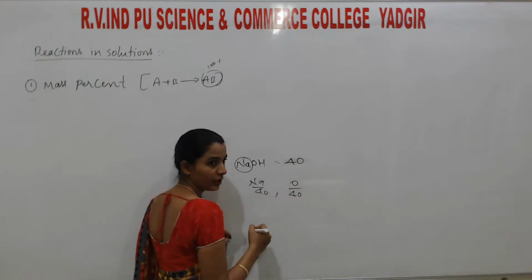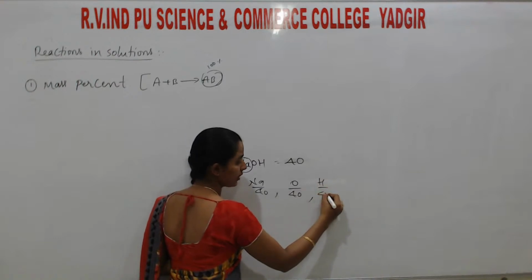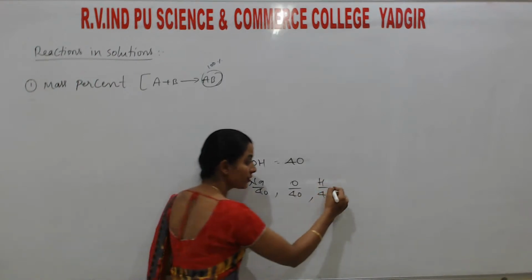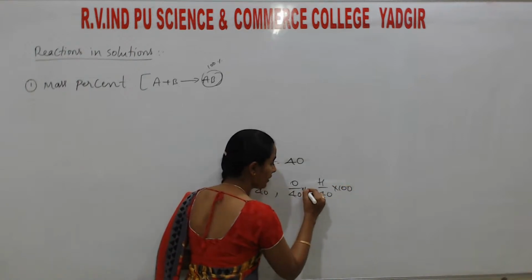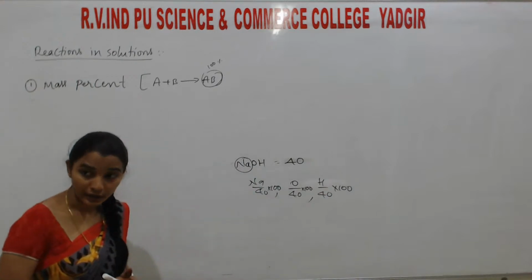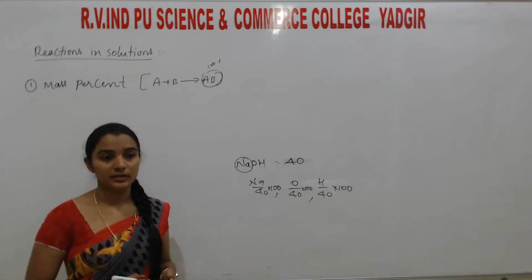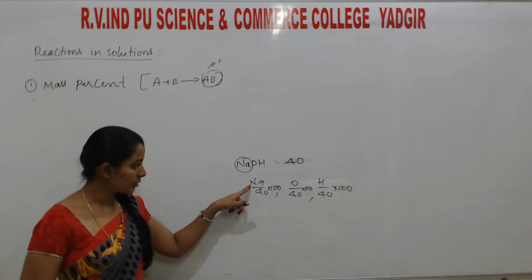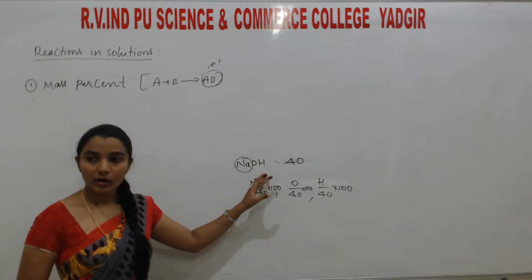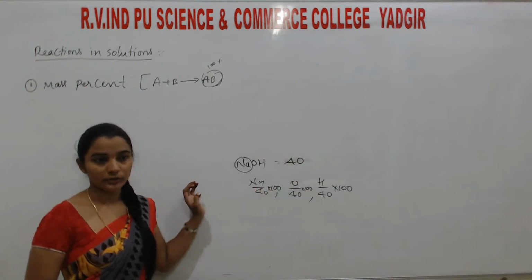Oxygen divided by 40. How much hydrogen is there? Hydrogen divided by 40. This is percentage composition. If it is multiplied by 100, then it is mass percent. Per 100, how many percent is there? So it is the ratio of one component to the overall.